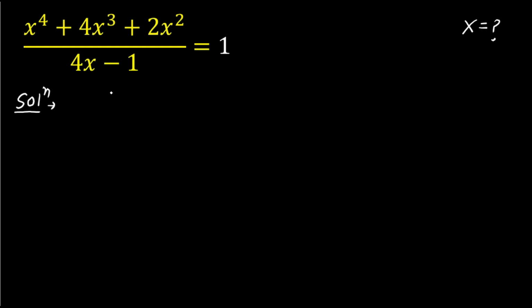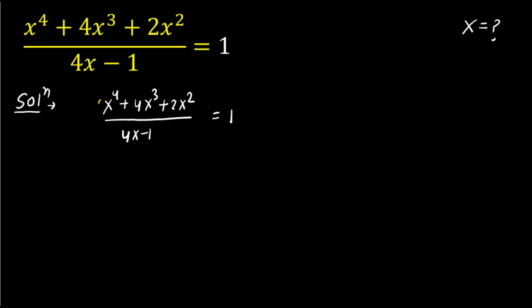The given question is (x⁴ + 4x³ + 2x²) divided by (4x − 1) equals 1.